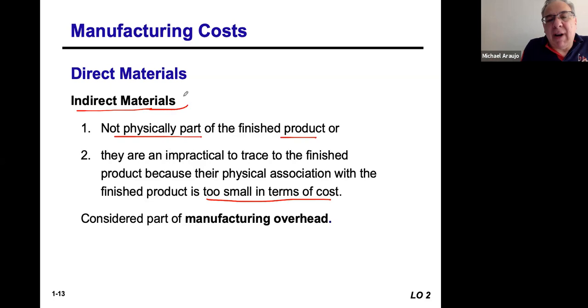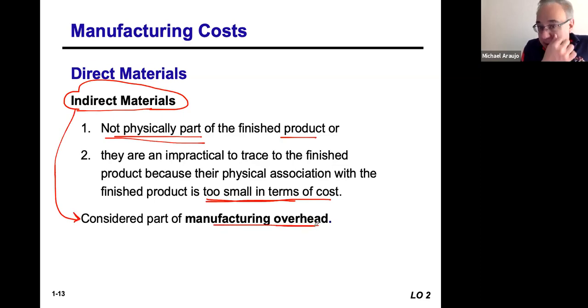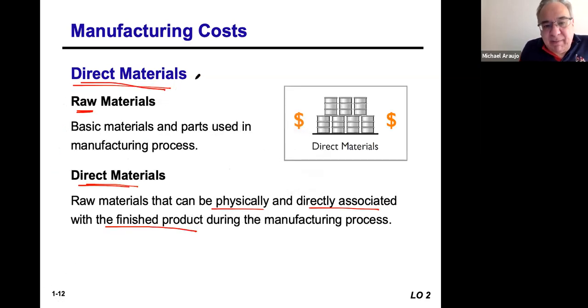So if there are any indirect materials, again, things that are used but are not physically part of the product, things that might be part of the product, but they're so small that they can't assign a cost to them, they're going to be thrown into the manufacturing overhead category. Okay, they're going to be thrown into this category if it's an indirect material. If it's a direct material, it's going to be thrown into this category. Okay.